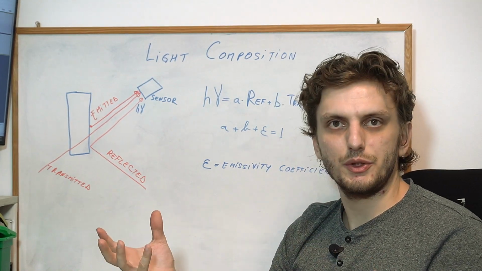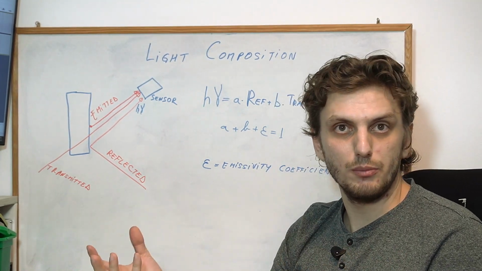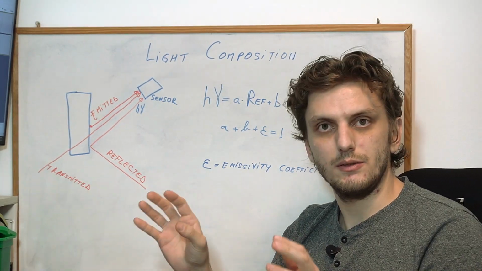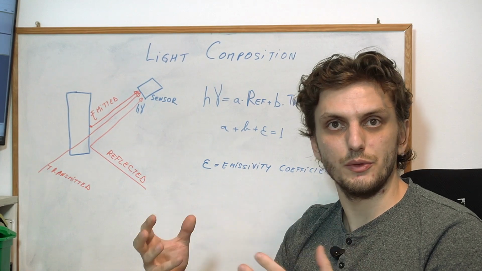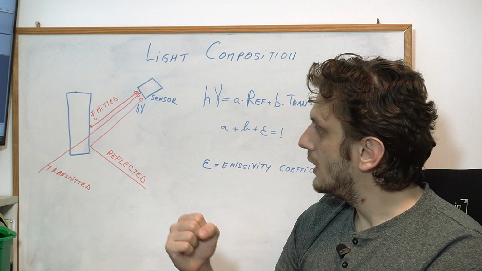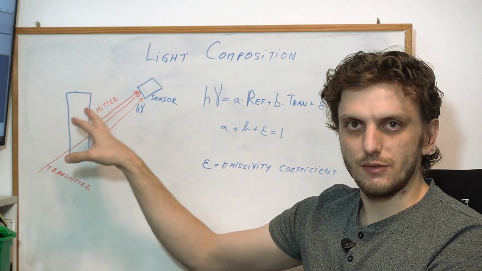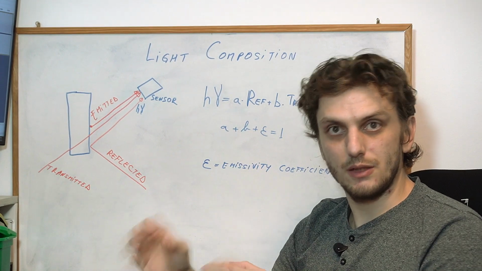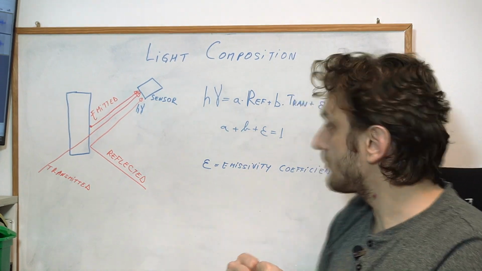Now in the visible spectrum this would be a light bulb or something that's red hot. But in the infrared spectrum, any body that has a temperature higher than 0 degrees Kelvin will emit light in the form of infrared. Now the reason why these three sources of light are important is because there's only so much light that can come from the surface of an object.